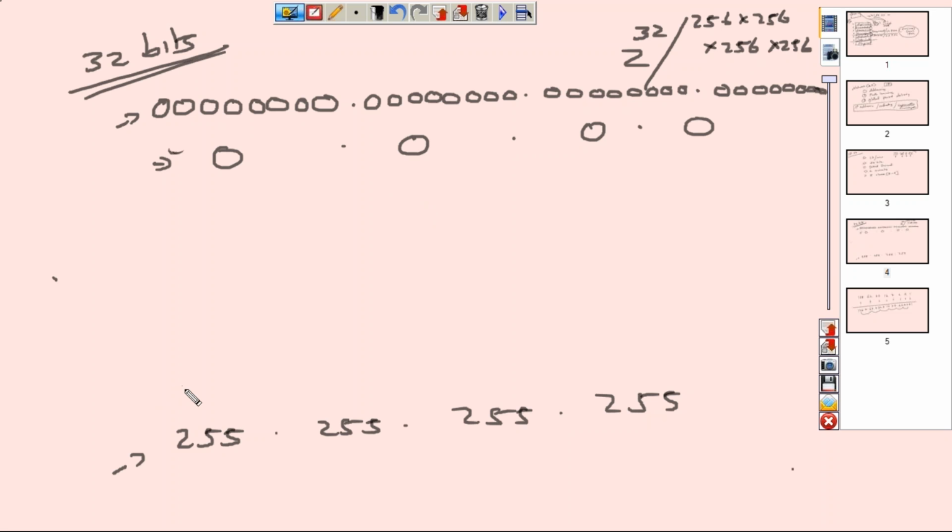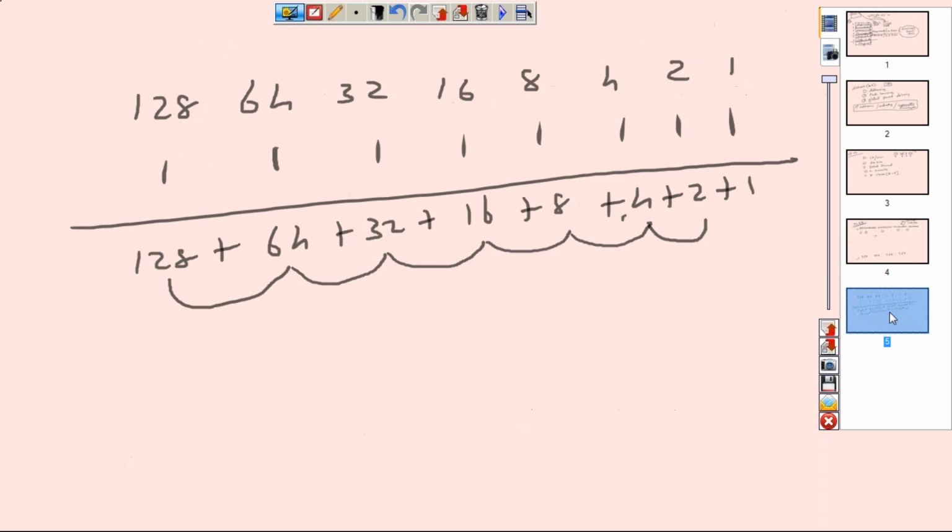And the other extreme position would be all bits in the one position, which means all of them turned on, which when you do a conversion, you end up getting 255.